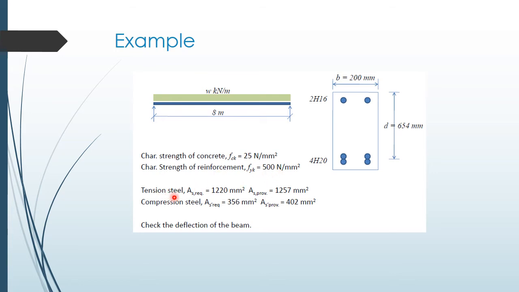For tension steel, the AS required is 1220 mm square and AS provided is 1257 mm square. For compression steel, AS required is 356 mm square and AS provided is 402 mm square.